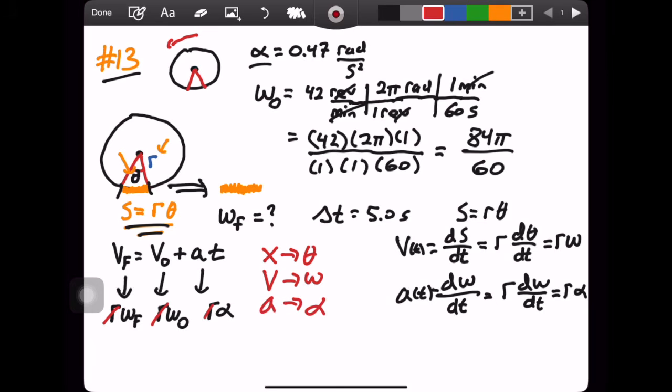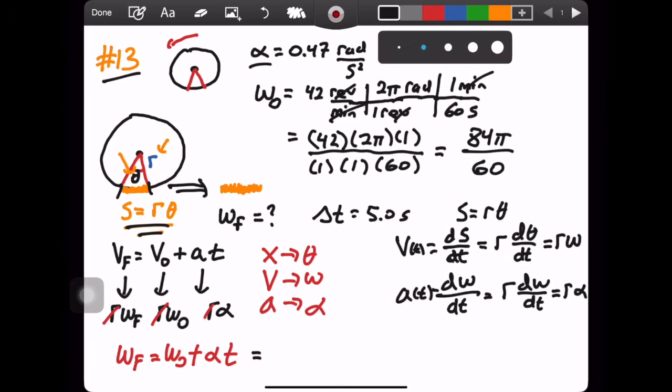So just like I wrote here, you have omega final equals omega initial plus alpha t. That is the constant acceleration in rotational kinematics equation that you'd use, and it's just like the linear one, except wherever I would see a displacement x, which in this case there wasn't one, but if there was, I just put a theta. Wherever I see a v, I put an omega, and wherever I see an a, I put an alpha. So I'm going to continue with this equation because we know what omega naught is. That's that 84 pi over 60 that we calculated earlier.